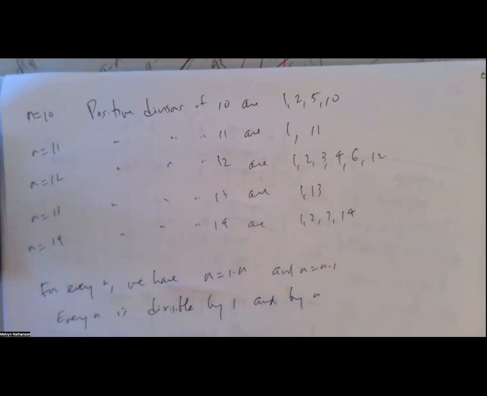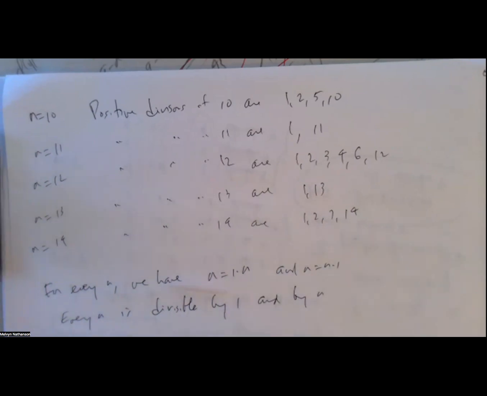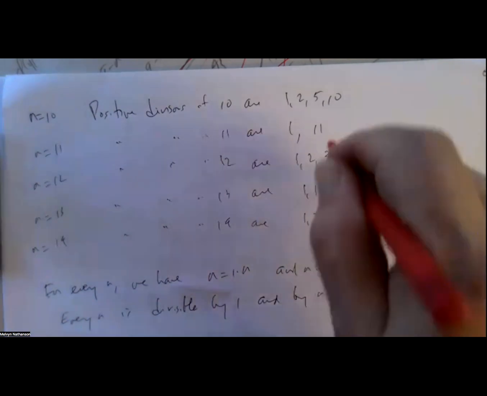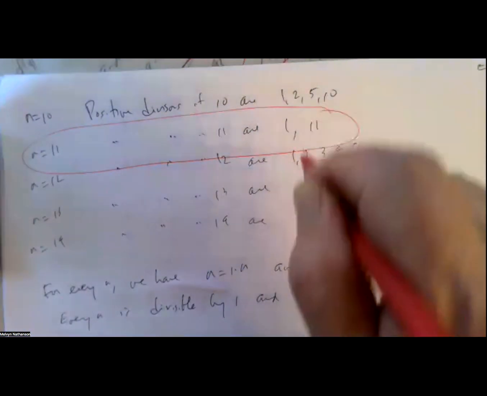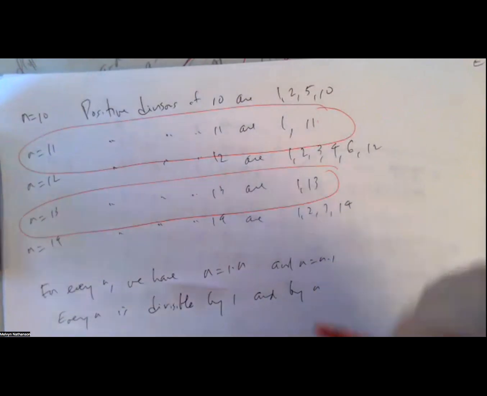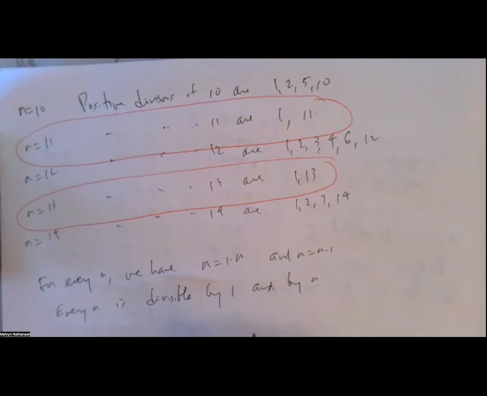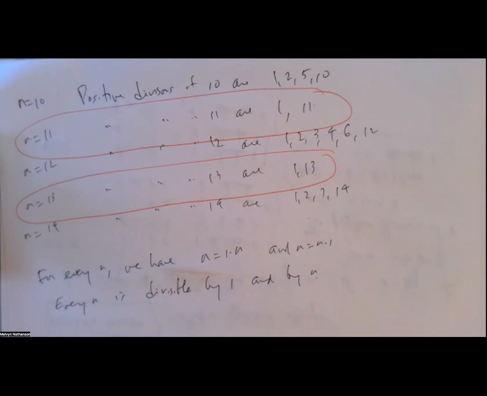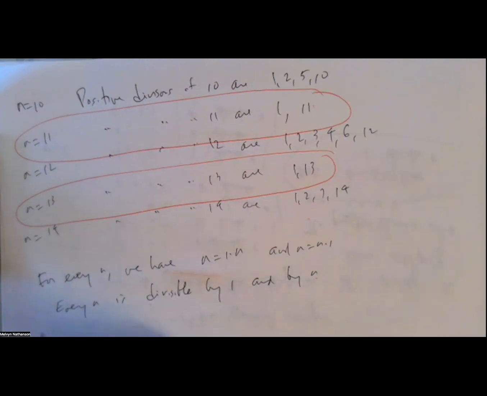Every number at least as big as 2 always has at least 2 divisors. And we notice there's some numbers, like n equals 11 and n equals 13, where the only divisors of the number are itself and 1. And such a number is called a prime number.